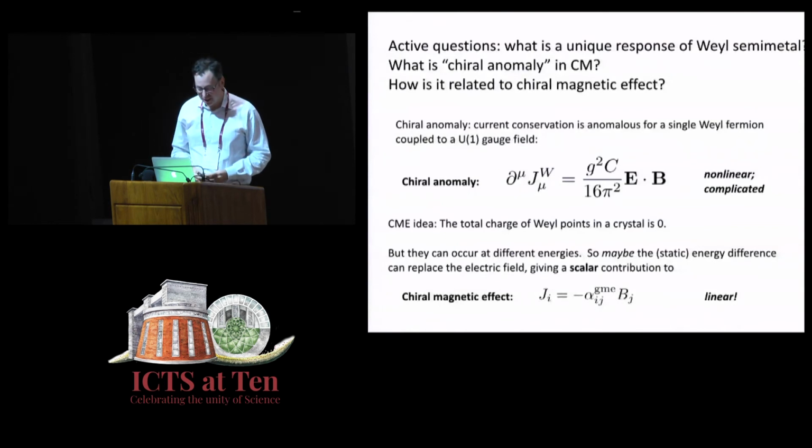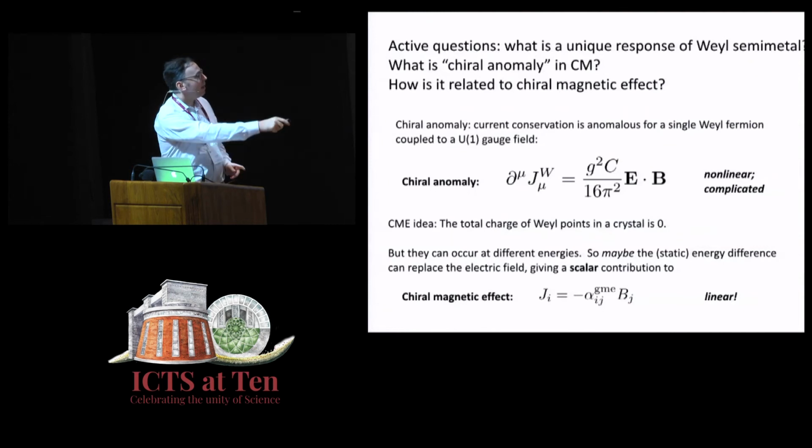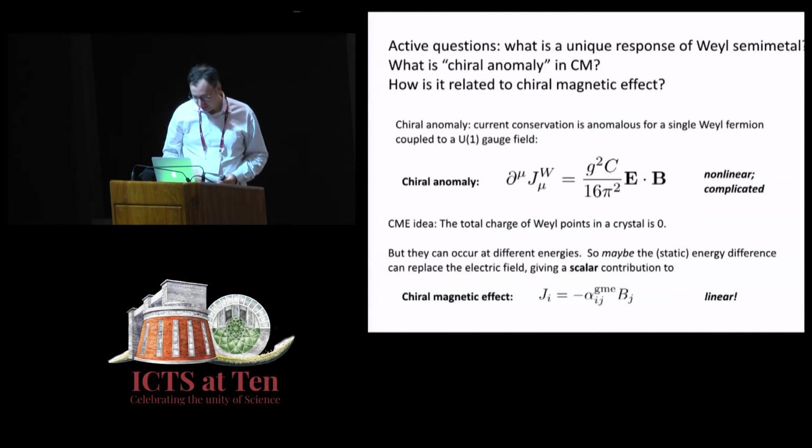We like charge conservation, so that's why it's an anomaly. It was thought that maybe you could get rid of having to have both these fields and find the right crystal where effectively the crystal itself would produce the electric field and you would get a response that was a current generated purely by magnetic field.